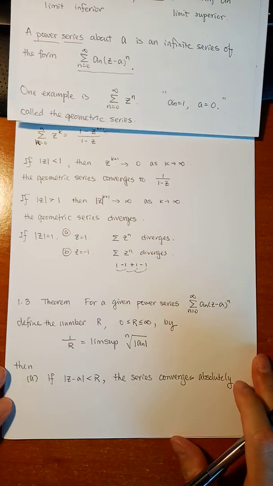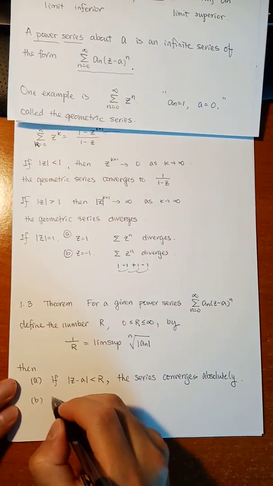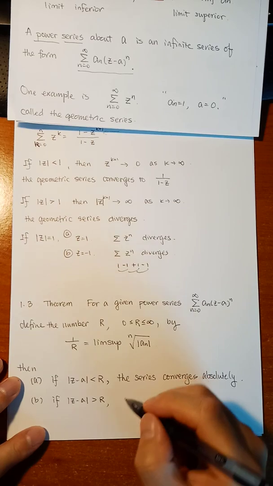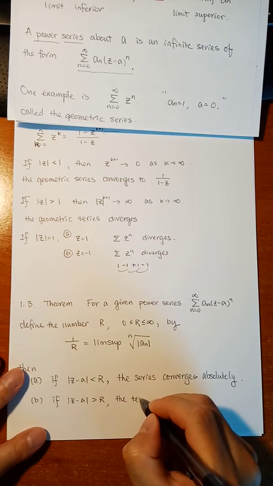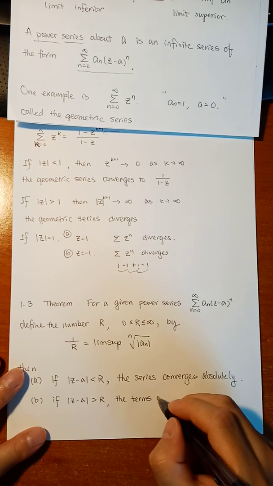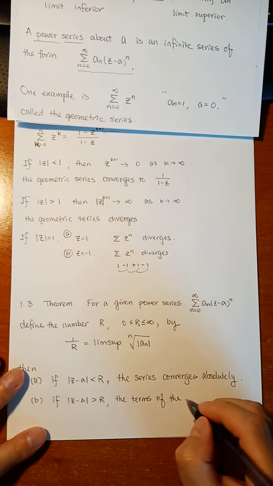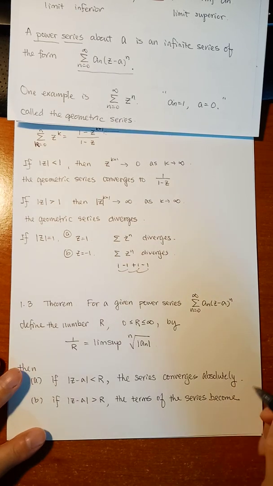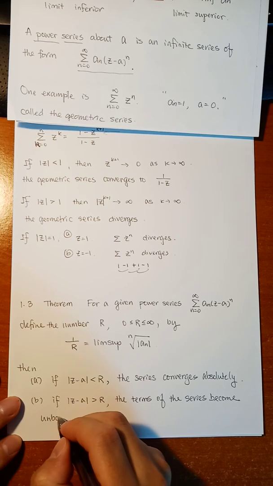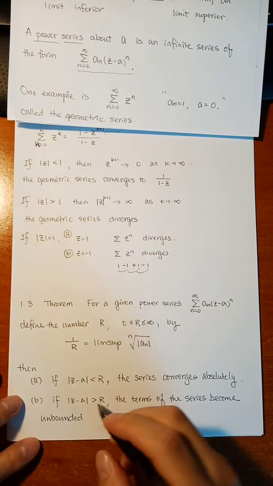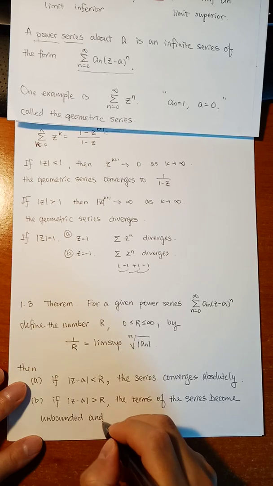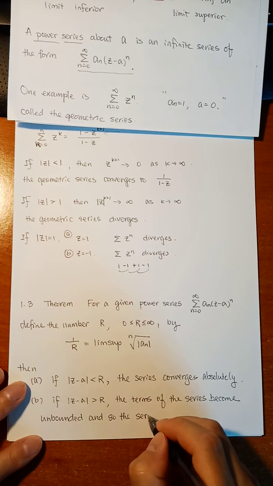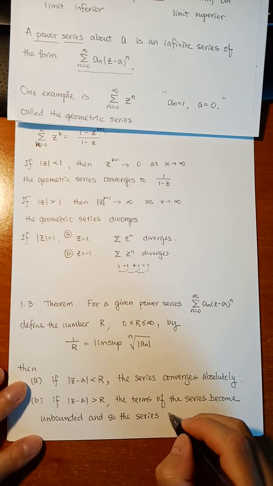And two: if the absolute value of z minus a is greater than R, the terms of the series become unbounded, and so the series diverges.